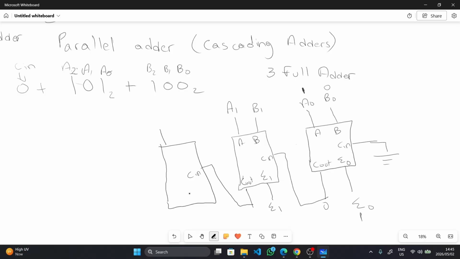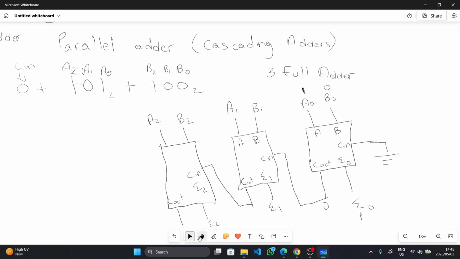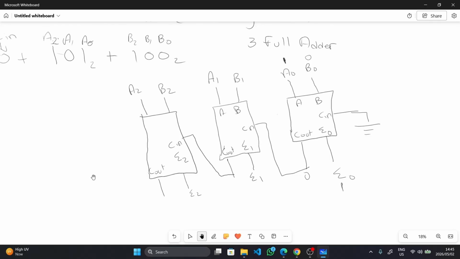Then we'll have our A2, B2, then our sum 2, C out. Right, and you can call this sum 3. So this will be your MSB output, and this will be your LSB output.